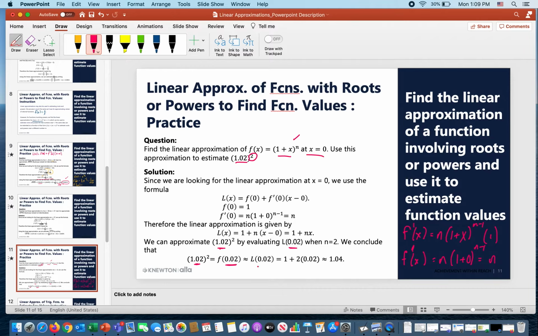So if you're confused on where did the 1 go, 1.02 to the 2, if I do this, then I'm getting 1 plus 0.02 to the 2. Okay, so this is 1.02 to the 2. That's the tricky part of this problem, is identifying that we're doing the linear approximation at 0.02. So this is where we're getting the 1.04.